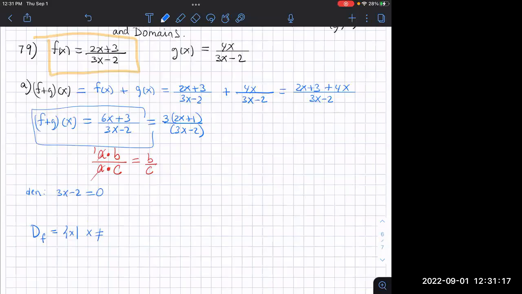That is the point we're going to take away from the domain of f. Plus 2 on both sides, 3x equals 2, divided by 3, x cannot be 2/3. You can check: put 2/3 for x, the 3's cancel, so I get 2 minus 2, which is 0.